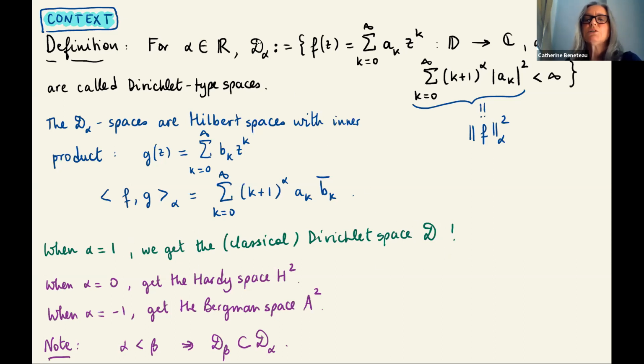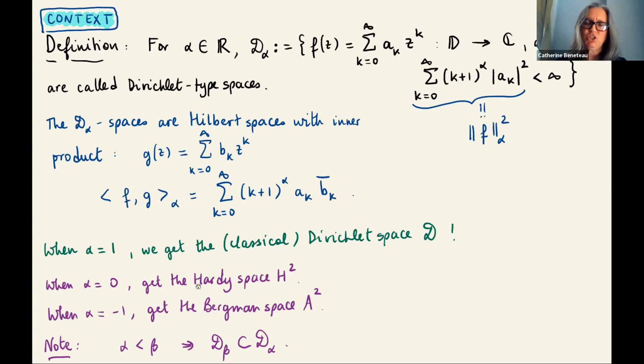So the Dirichlet space is one example of this set of analytic function spaces. For different parameters alpha, we get different spaces. If I take alpha as 0, this (k plus 1) to the alpha disappears, and I just get the Hardy space norm. If I take alpha as -1, I actually get the Bergman space, which would end up dividing a_k squared by k plus 1.